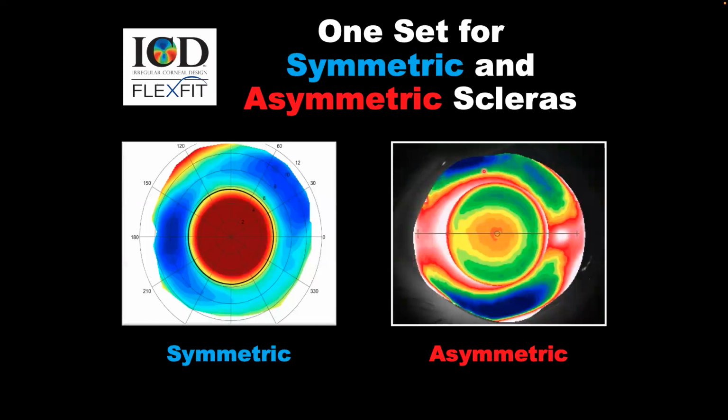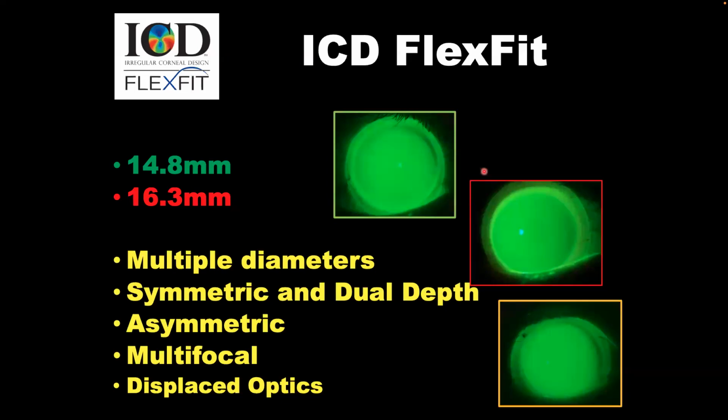And as well, one set for symmetric and asymmetric sclerals. So this is ICD Flexfit: multiple diameters, symmetric and dual depth or toric lenses. Asymmetric, you can order with the 16.3 to have quadrant specific as well. Multifocal and displaced optics. These displaced optics are for the multifocal, right?